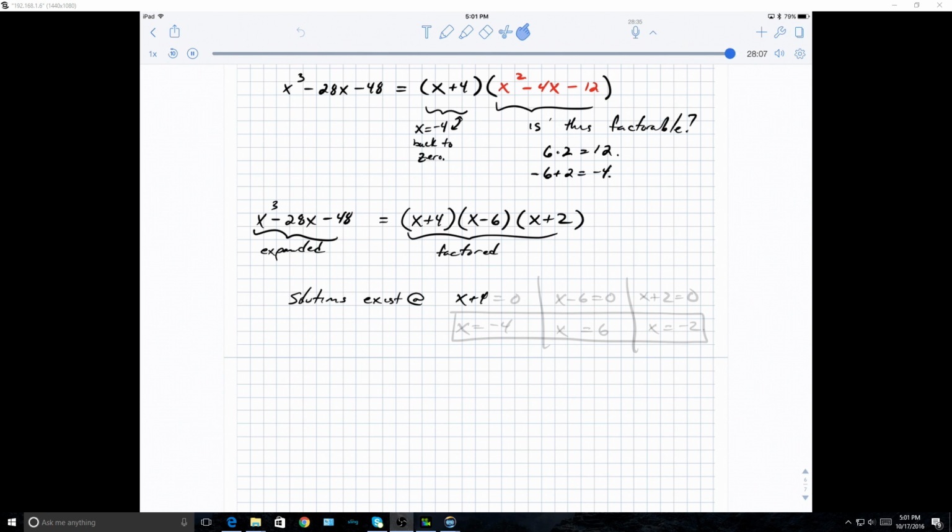So x plus 4 equals 0, x minus 6 equals 0, and x plus 2 equals 0. So when you solve those, you can see that x equals negative 4, which we already knew, x equals 6, and x equals negative 2 are the solutions. So solutions exist at these values.